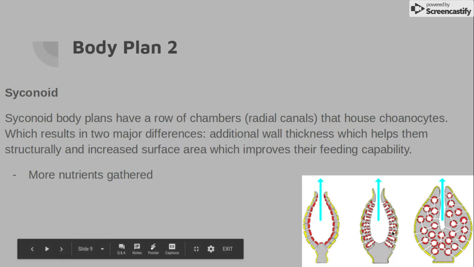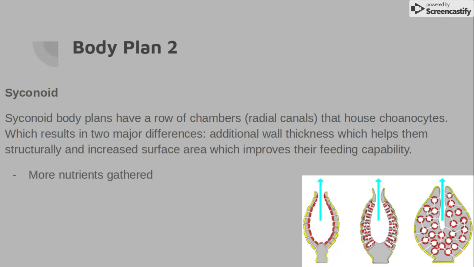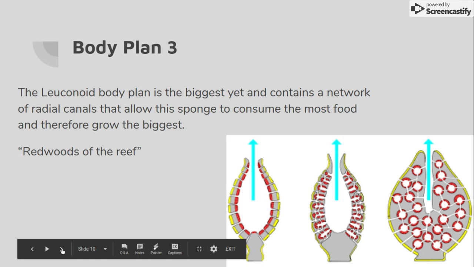So basically, they're able to get more food off of the water because there is more water being brought in and more food receptors. I don't know if that's the right word, but you get the point. Body plan 3.